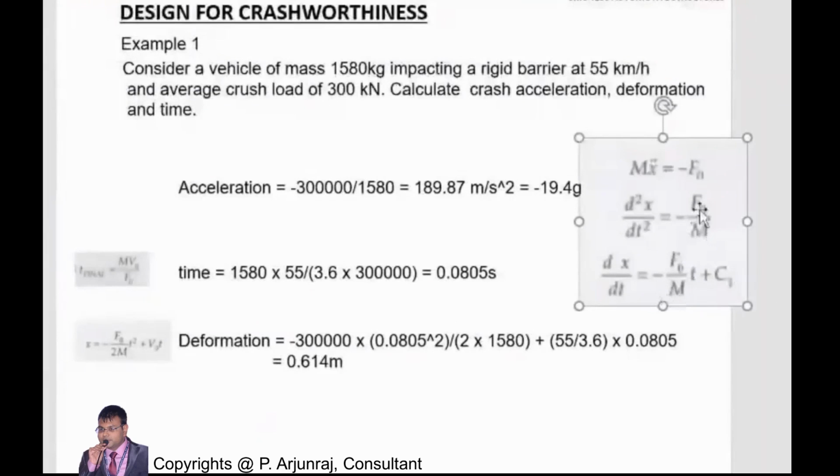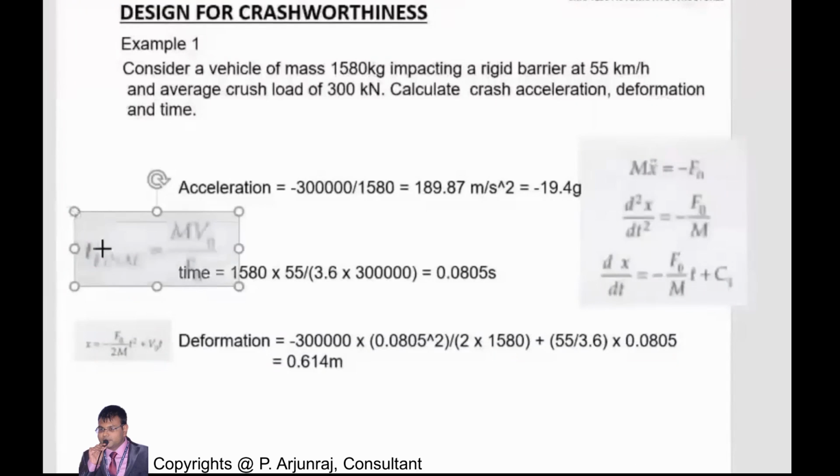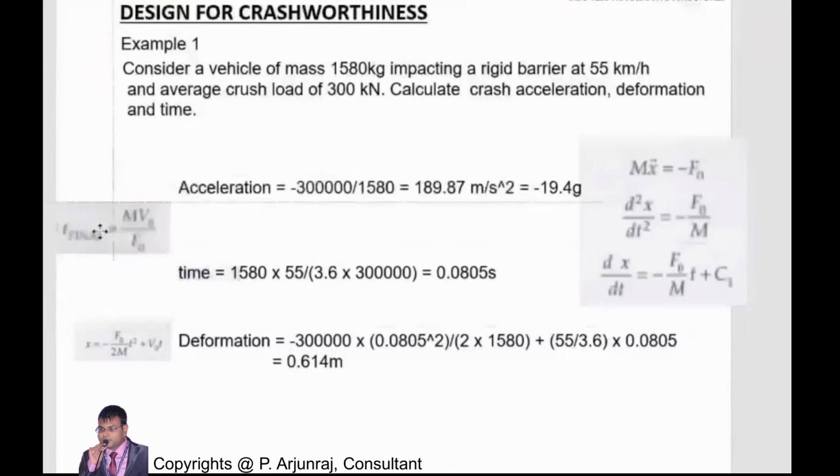So this is all about acceleration and the time taken. So what is the time for a deformation to take place? We have seen in the last slide, t final is nothing but mass times initial velocity divided by the force, the crash force basically.